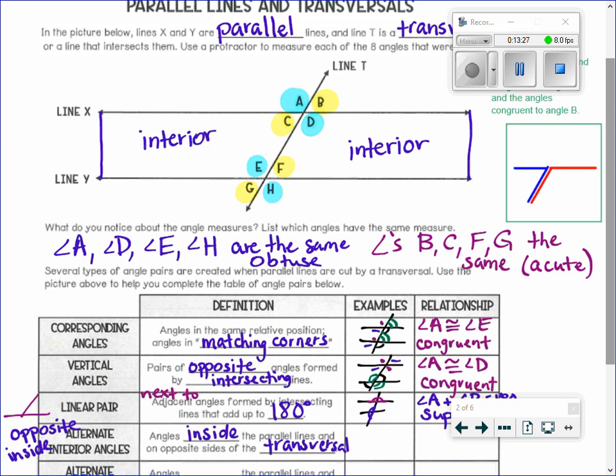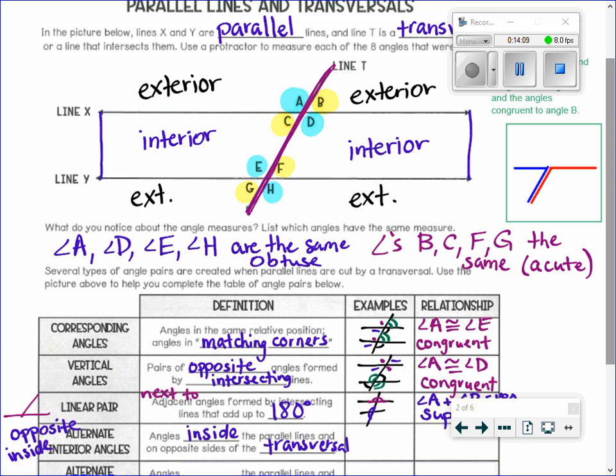And if they're not inside that box, they're considered exterior. And just to save time, I'm just going to call this X. Another good strategy is to make the transversal very bold or in a different color from the angles, just to see that's the transversal, the one that cuts through.